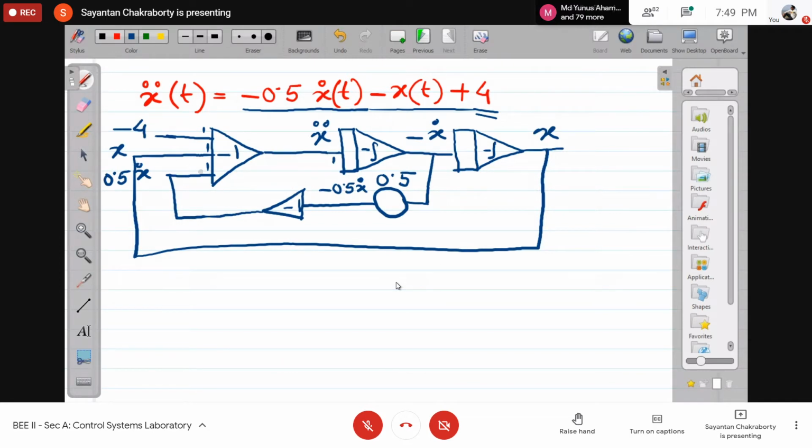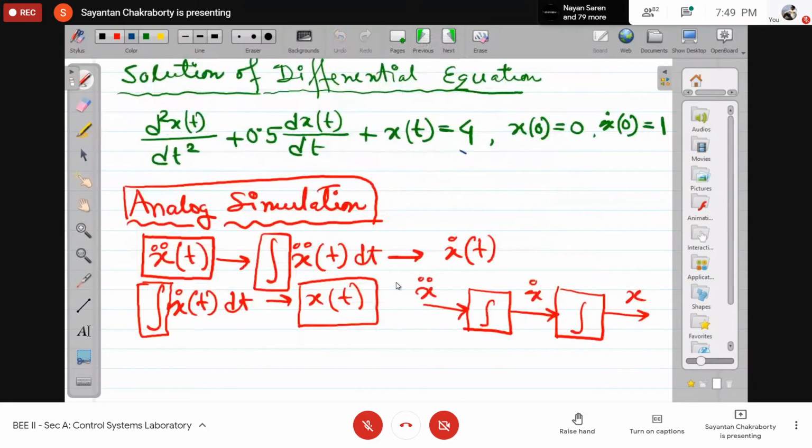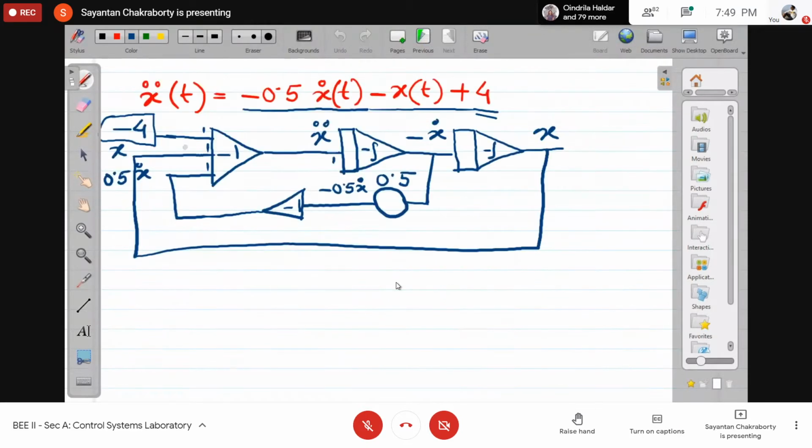So this is an analog simulation diagram that will solve this second order differential equation. You have to only provide this input, because if you see the previous page, the equation, this is the external input. So you have to just provide this external input.